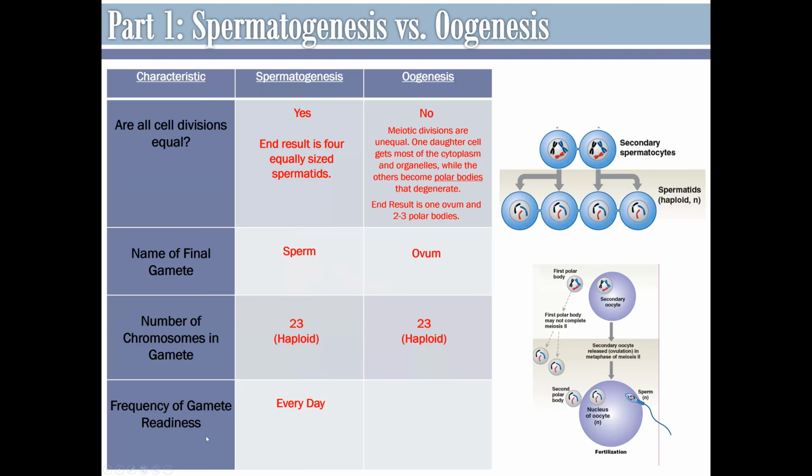In spermatogenesis, basically sperm are ready to be released every day, and males make 500 million sperm per day from puberty onwards. In oogenesis, only one secondary oocyte is released per month, and then only from the period between puberty and menopause.